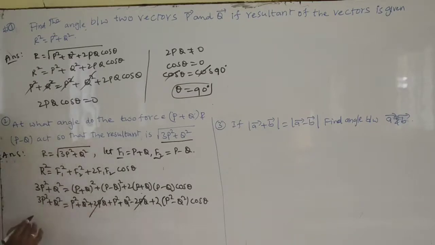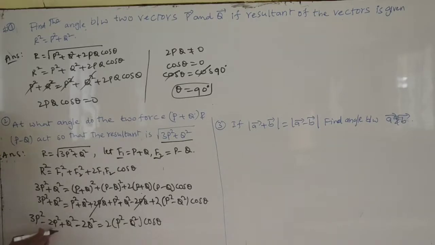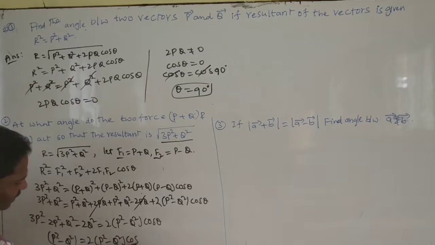You bring this side, so 3P square plus Q square minus 2P square minus 2Q square equal to 2 into P square minus Q square into cos theta. So here this becomes P square minus Q square equal to 2 into P square minus Q square cos theta. Cancel. So cos theta equals to 1 by 2. So theta equals to how much? Cos theta 1 by 2 means theta equals to 60 degrees.